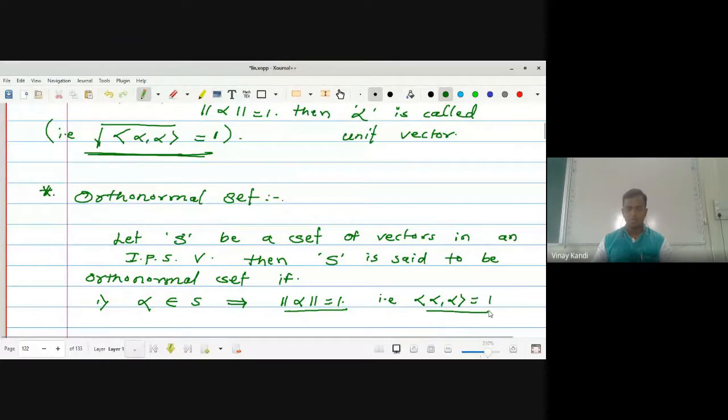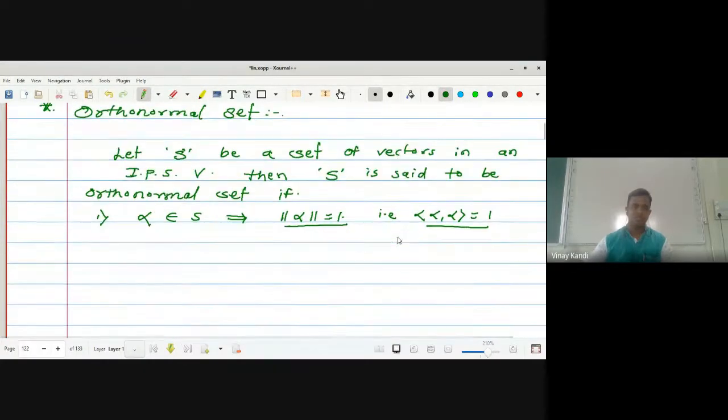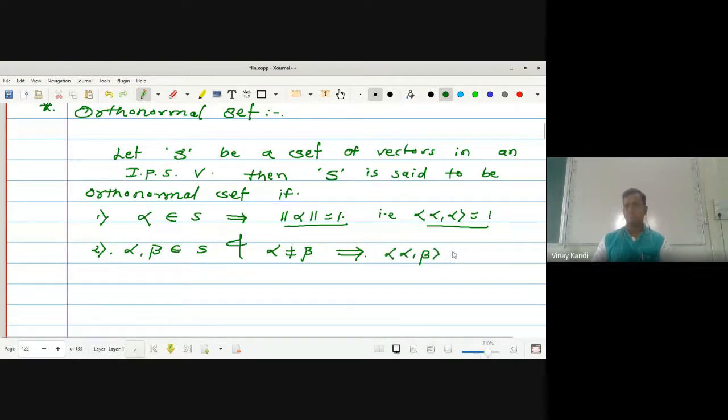This is the first condition. And what is the second condition? If alpha and beta are two distinct vectors in S, with alpha not equal to beta, this implies the inner product of alpha with beta is equal to 0.